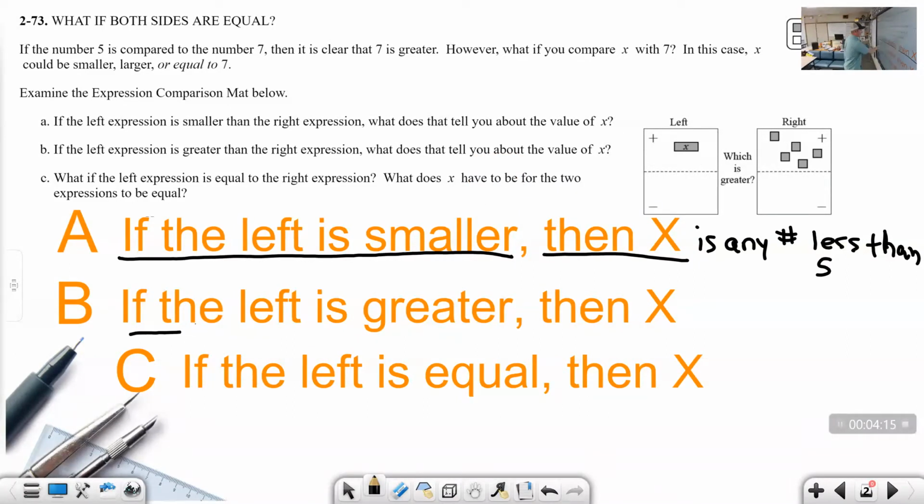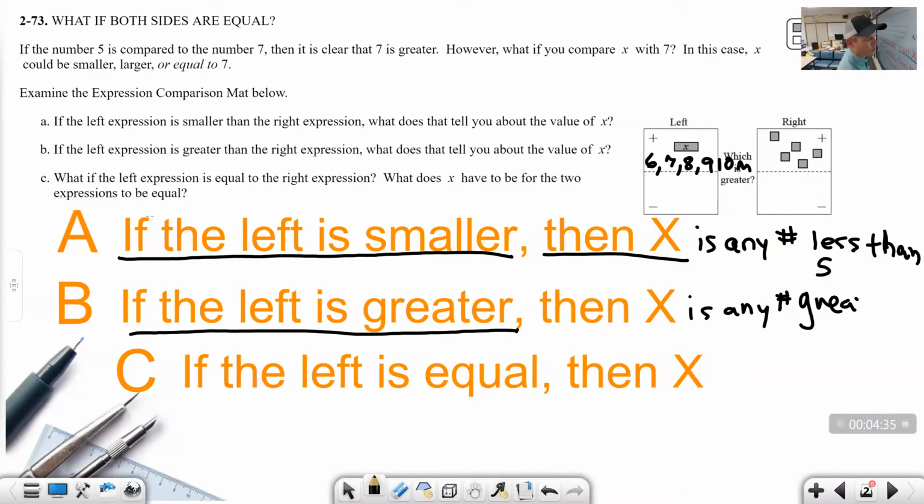Letter B. If the left is greater, well, let's think of numbers that are greater. 6, 7, 8, 9, 10 million, right? It's anything. So then x is any number greater than 5.